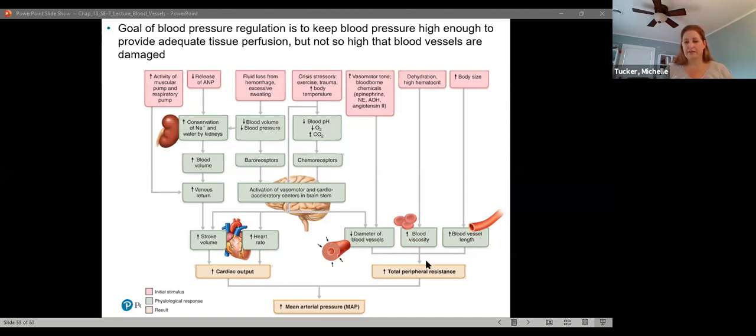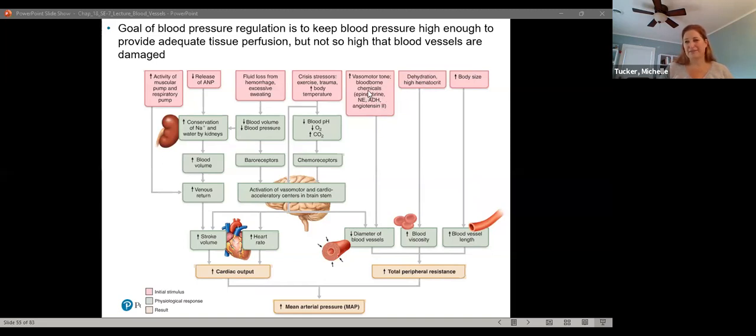The three factors that go into total peripheral resistance are where we kind of started today: diameter, blood viscosity, and blood vessel length. Blood vessel length is affected by body size. Dehydration or living at altitude will affect blood viscosity.